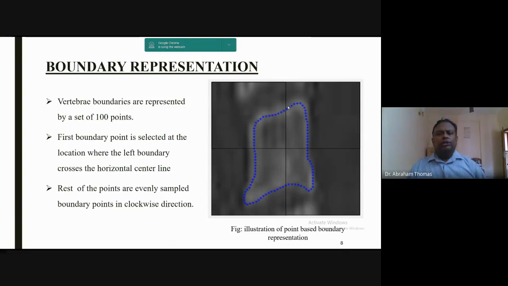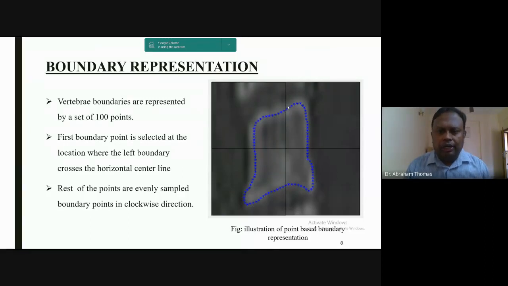In MATLAB, we can use a function called roipoly for drawing a polygon on the image. First we manually find these boundary points using this particular function. That polygon may have less than 100 or more than 100 points, it doesn't matter.